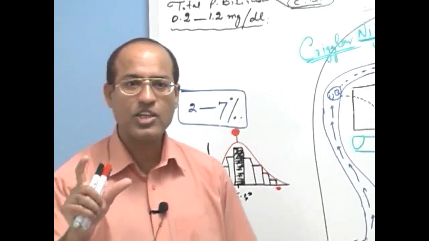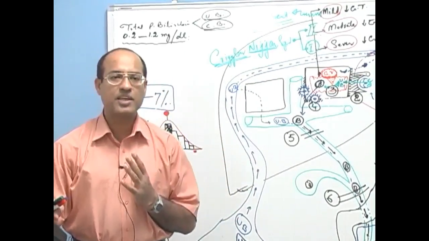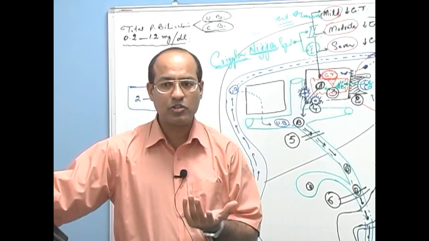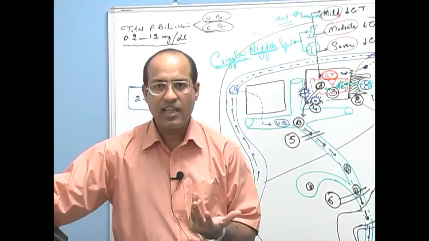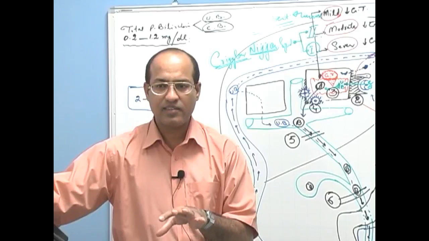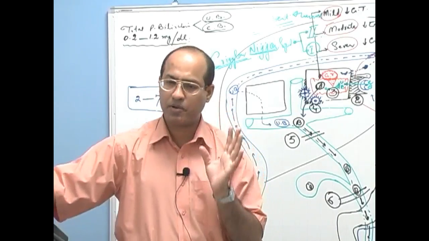So in a nutshell, in patients with hepatitis, there is hepatocellular dysfunction that produces impaired conjugation as well as impaired secretory function, leading to both unconjugated and conjugated hyperbilirubinemia.